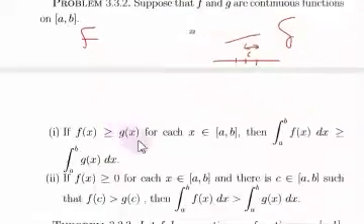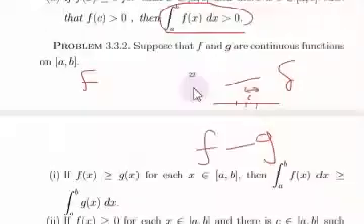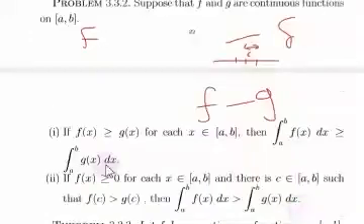If you consider f minus g, because f and g are continuous, then f minus g is also a continuous function on this interval. You can apply this property here, because this is true for each x in the ab interval, so f minus g is non-negative for each x in the ab interval.